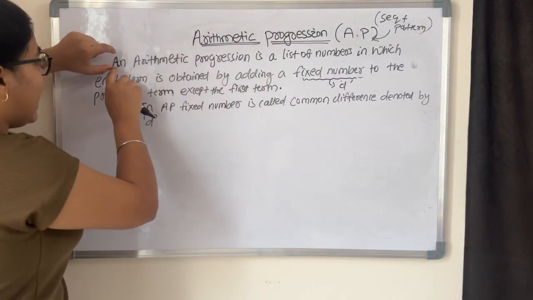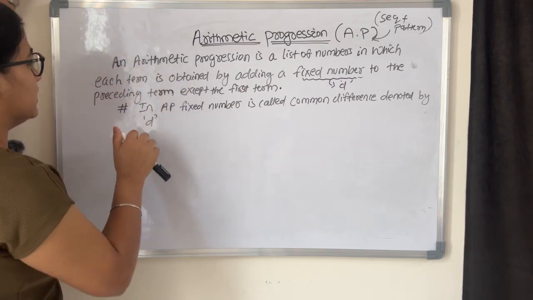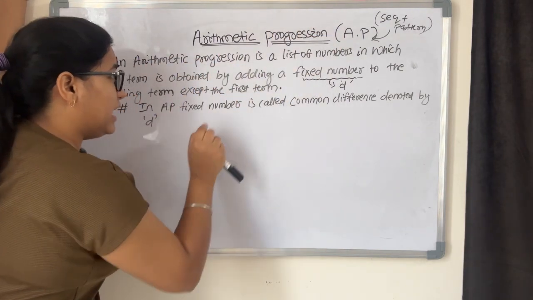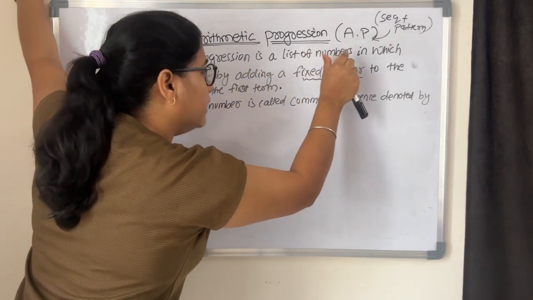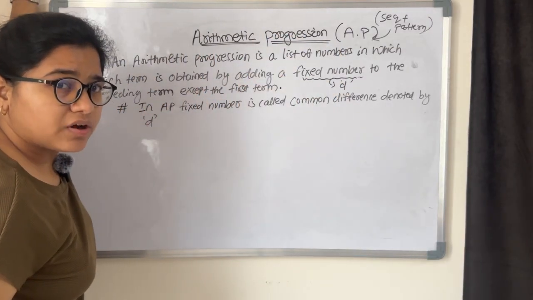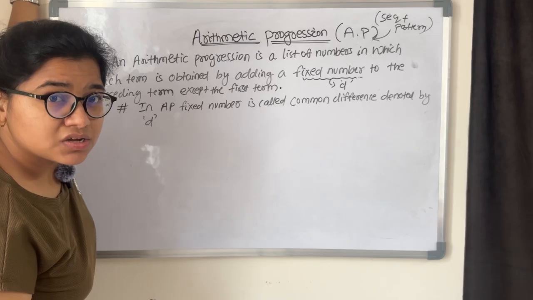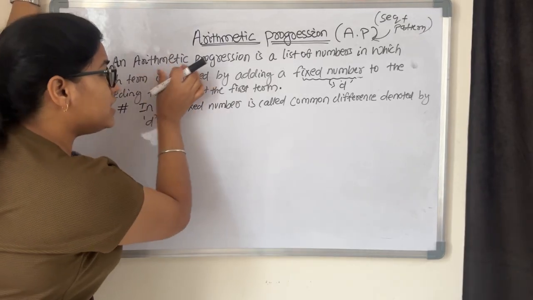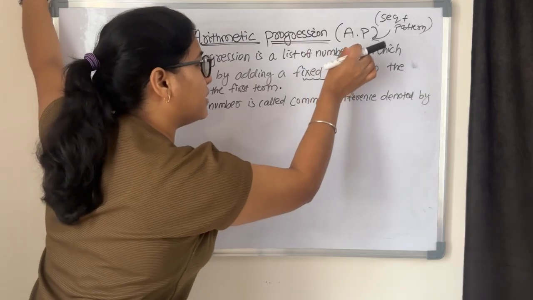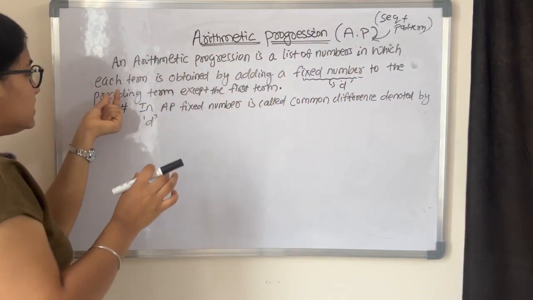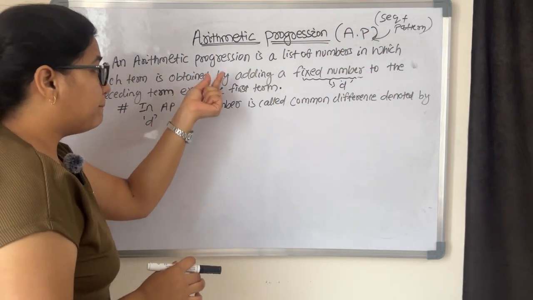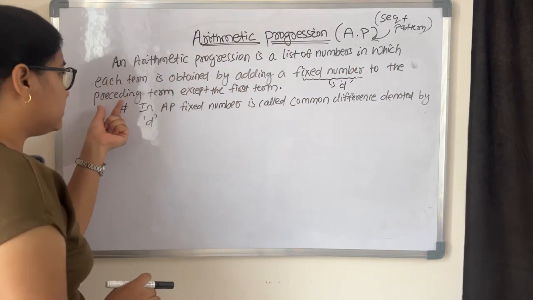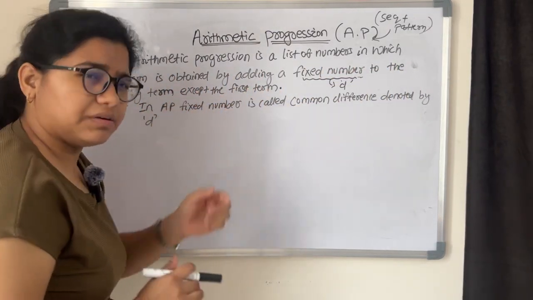See, an arithmetic progression or AP is a list of numbers. Obviously, because it is a sequence and a list of numbers is there in a sequence, we know that. An arithmetic progression is a list of numbers in which each term is obtained by adding a fixed number d to the preceding term except the first term.